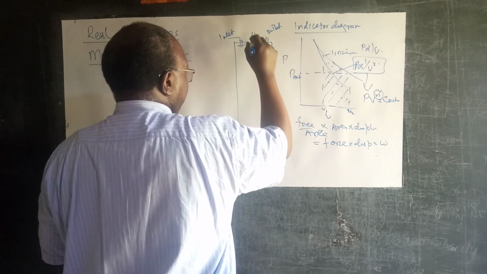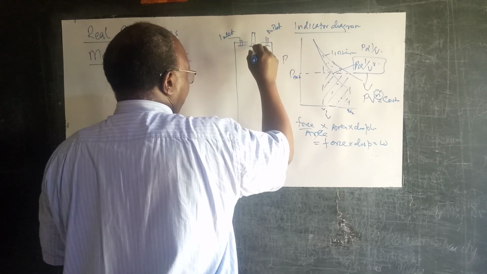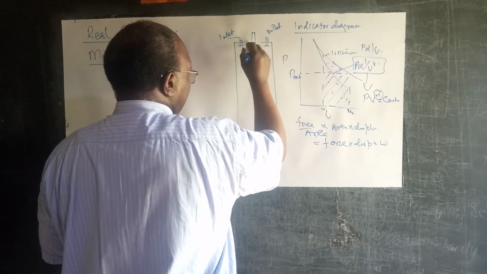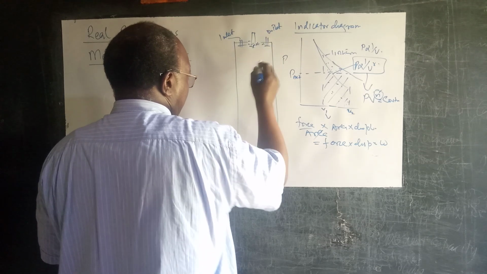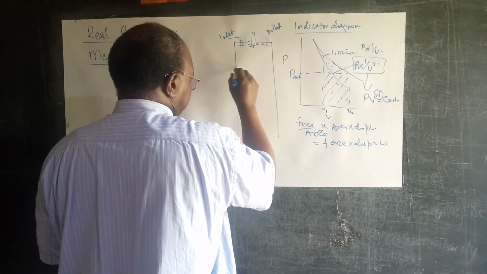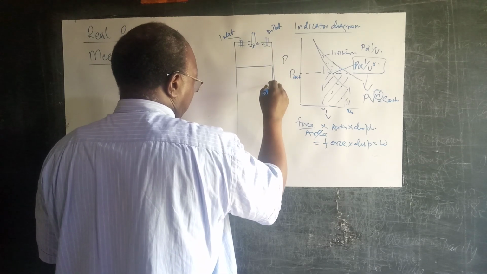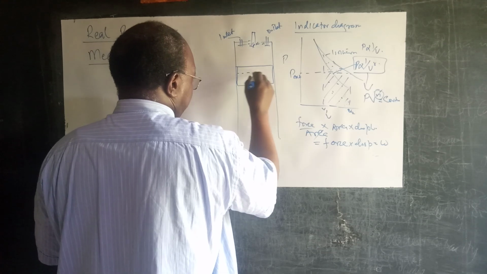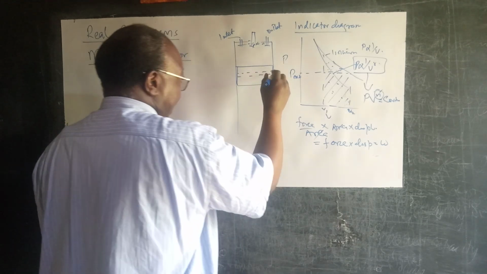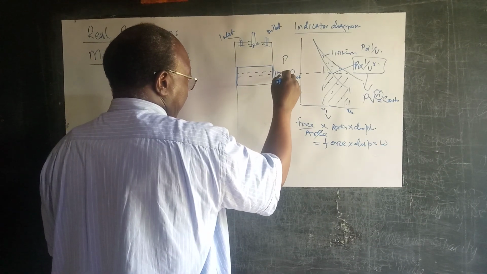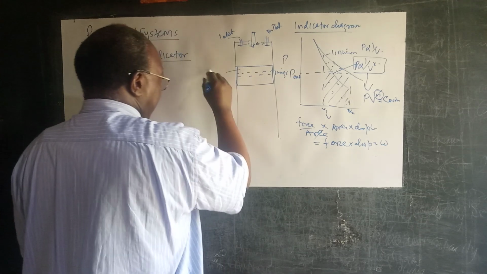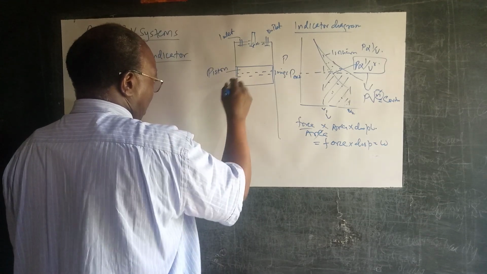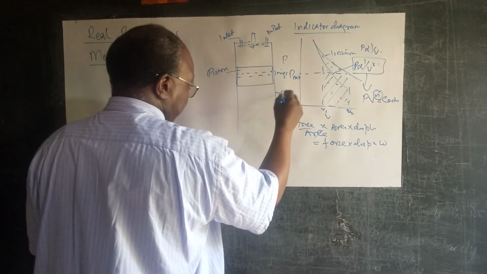Then remember we had our sparking system or fuel injector. And we have our piston. These are of course the oil and compression rings. And we have our piston here. We have our cylinder wall.